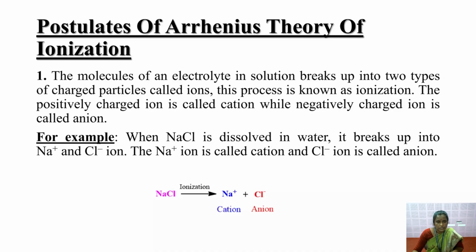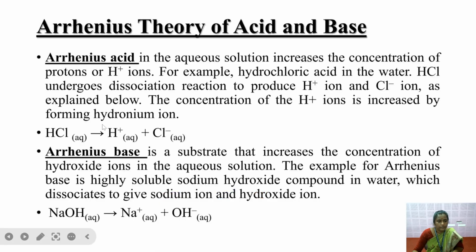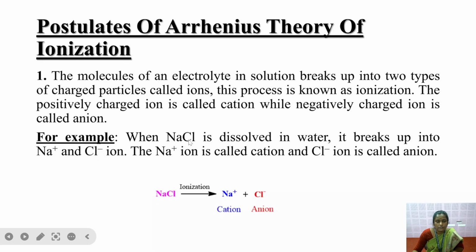In the electrolyte solution, the molecule will dissociate into two types: one is a cation, the other is an anion. Cation is the positively charged ion and anion is the negatively charged ion. For example, when sodium chloride is dissolved in water, it breaks up into Na+ and Cl- ions.